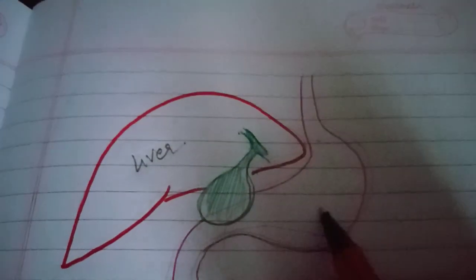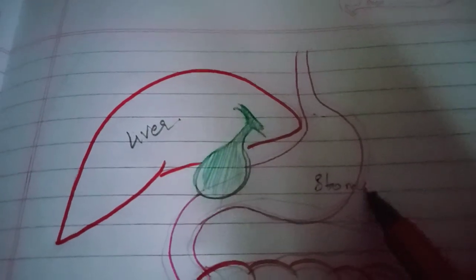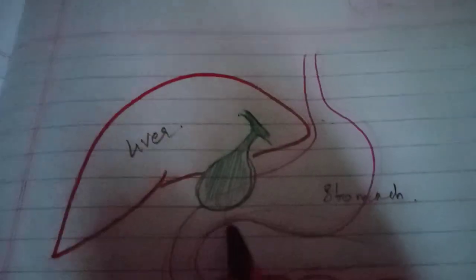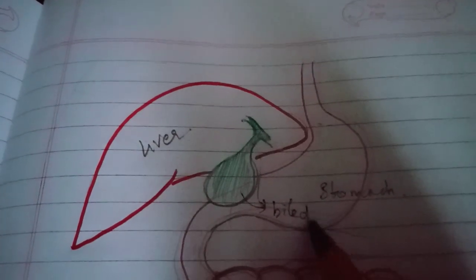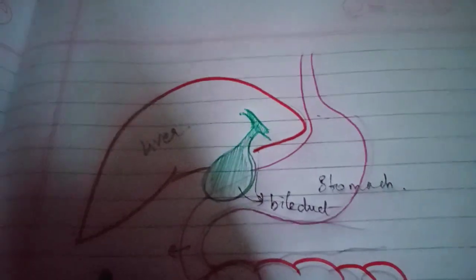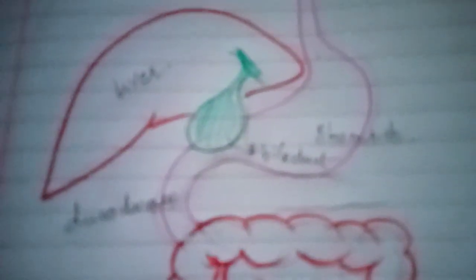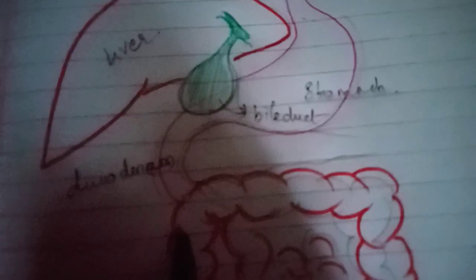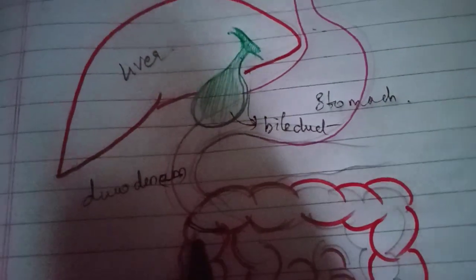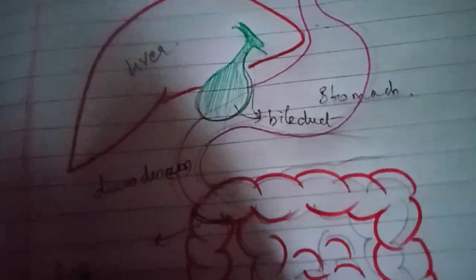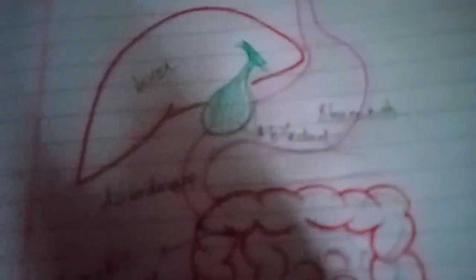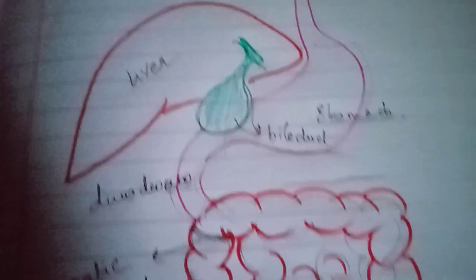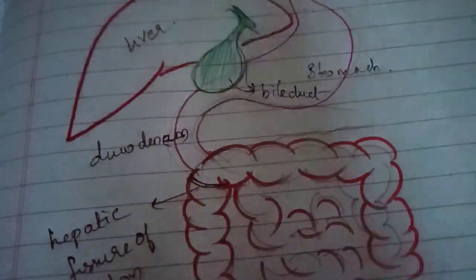So in this picture, the stomach, then the bile duct, then the duodenum, then here we have a fissure called the hepatic fissure of the colon. The colon includes the transverse colon, ascending colon and descending colon.